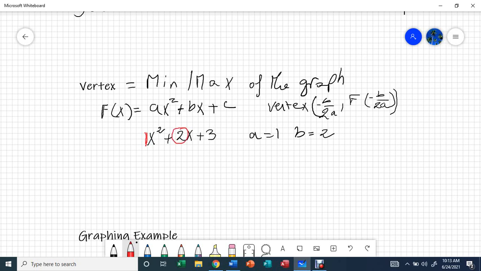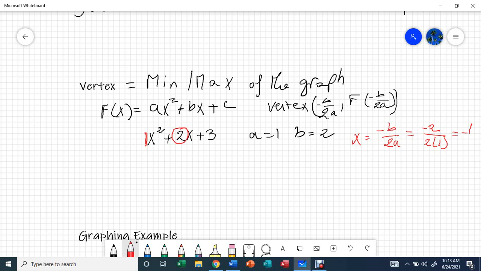So let's apply the formula here. The x coordinate will be negative b over 2a. So negative b is negative 2 divided by 2 times 1, and that's negative 1.